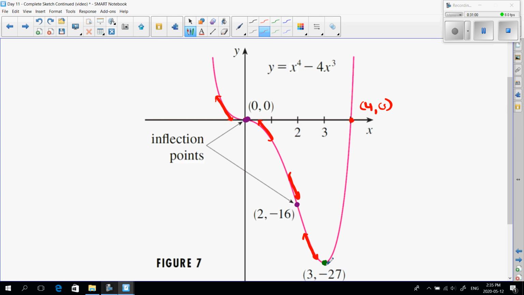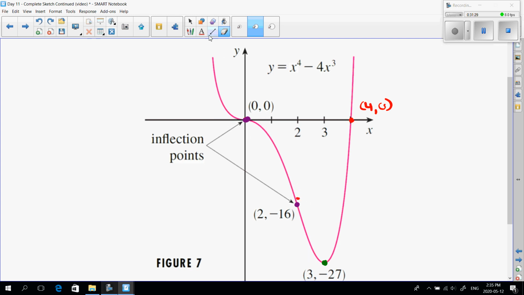Then it was increasing from an x value of 3 to infinity. So check out this portion of the curve. If I draw tangent lines on this portion of the curve, anywhere along that portion of the curve, it's not a great tangent line, but you get the idea. Those all have positive slopes. They're all rising from right to left.